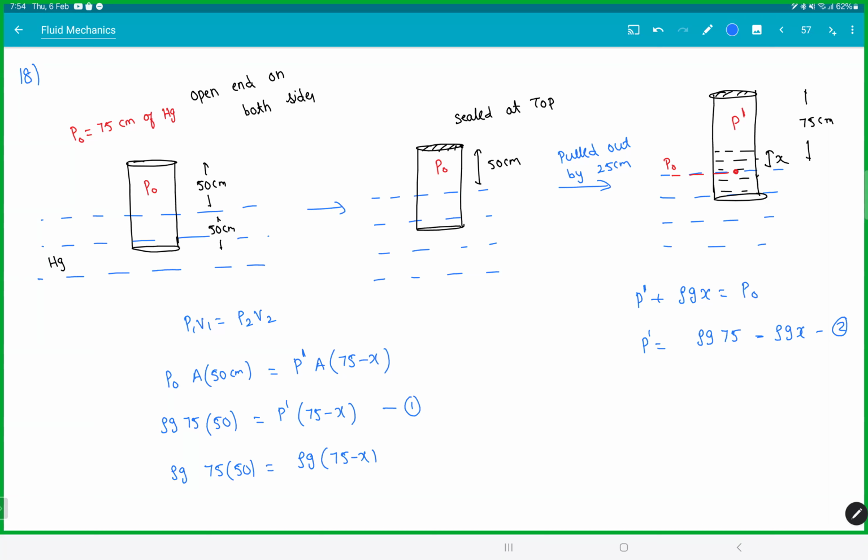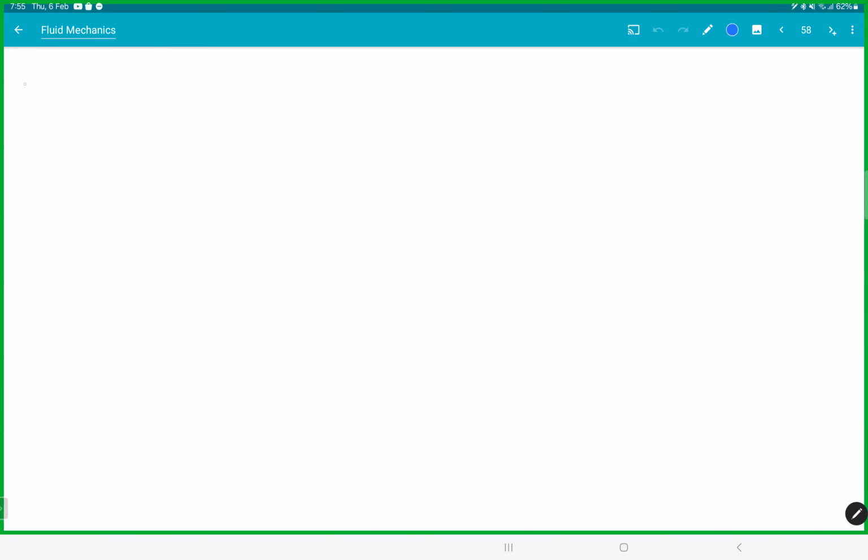Next thing. So that is one thing about a barometer kind of thing. This is another way of asking questions. Then Pascal's law.